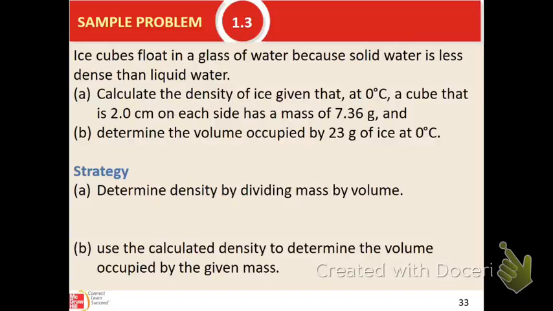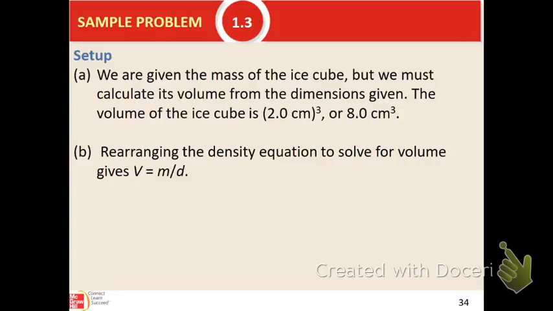And you're given the mass. Find the density. Okay? So you'd say 7.36 divided by 8. And it tells you how to do that on the next page. Okay? And it shows you how to do that right there.